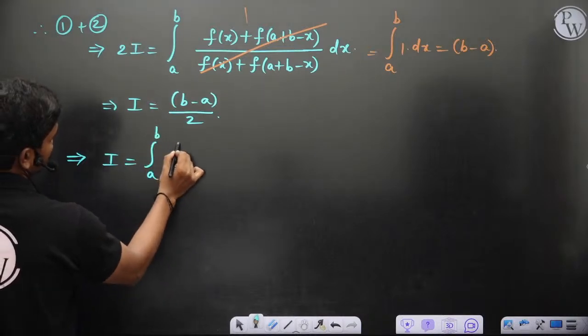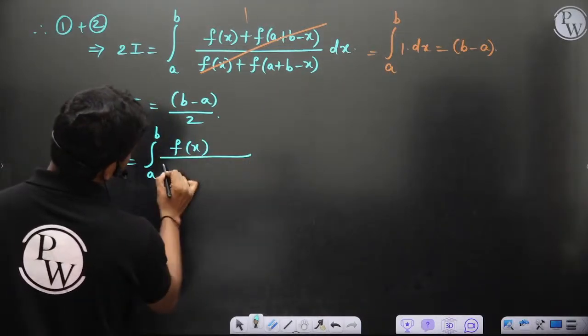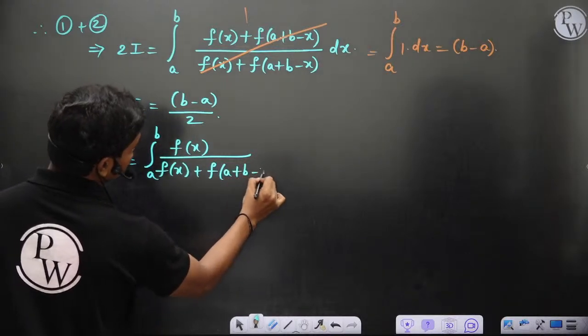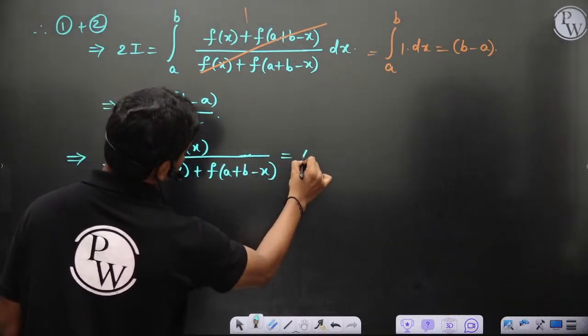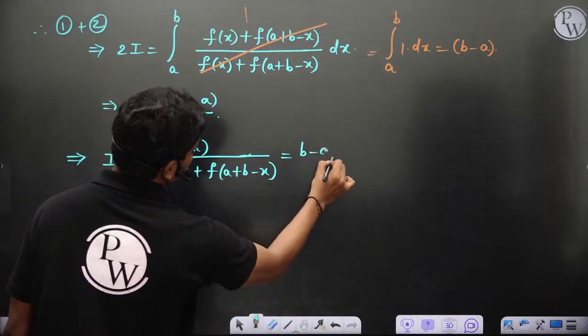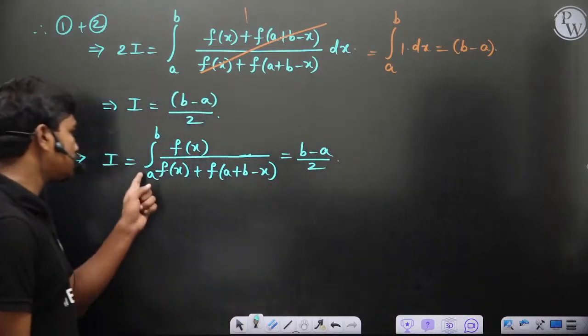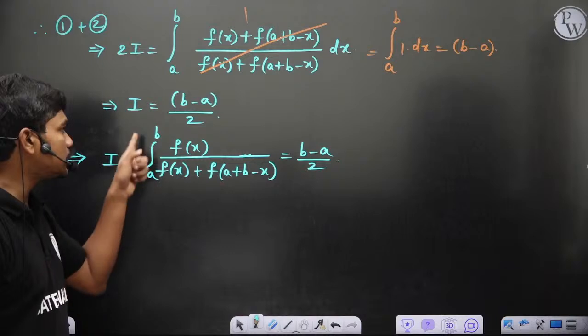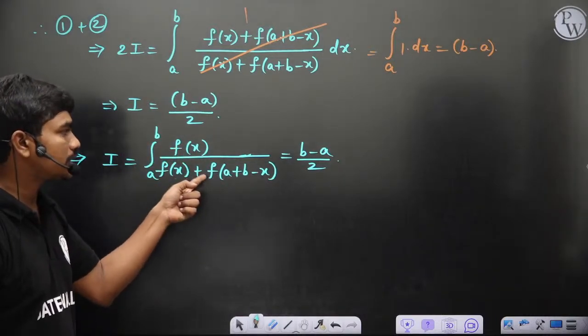This implies, what is I? Integral a to b f of x by f of x plus f of a plus b minus x. If you have such an integration, then the answer is definitely b minus a by 2. Sometimes the lower limit a is 0. It's like integral 0 to b f of x by f of x plus f of b minus x.